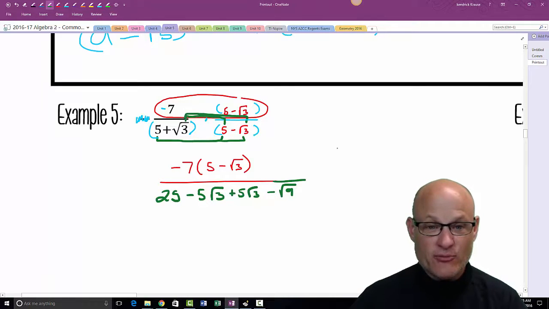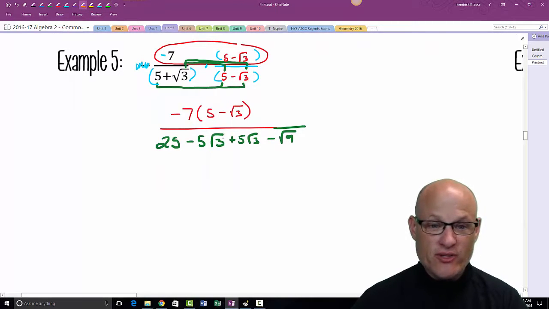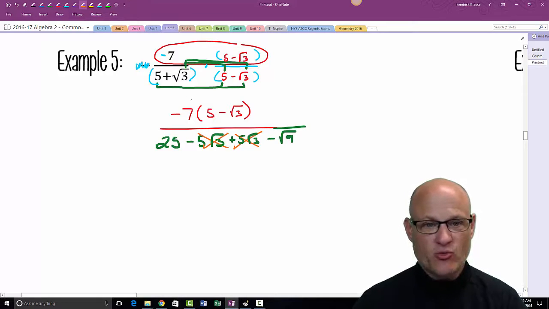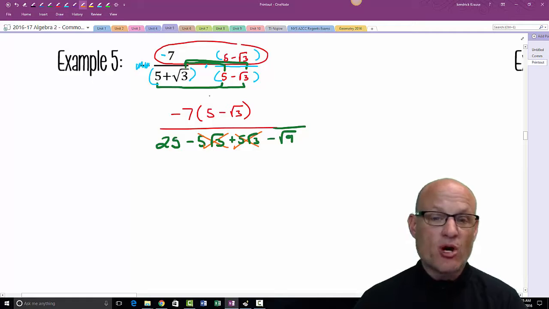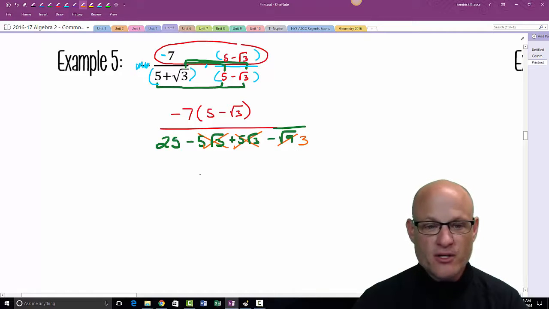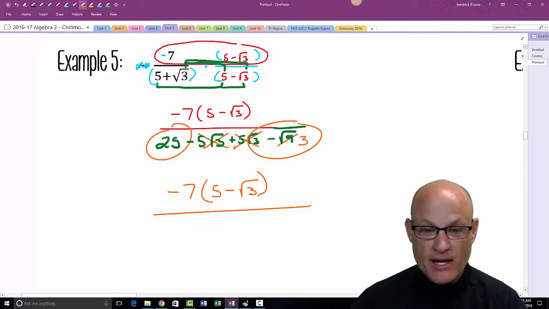Notice these middle terms always cancel, because one's plus, one's minus, and they're exactly the same thing. And we also know that square root of 9 is really just 3. So my final answer here is negative 7 times 5 minus radical 3, all over 25 minus 3, which is 22.